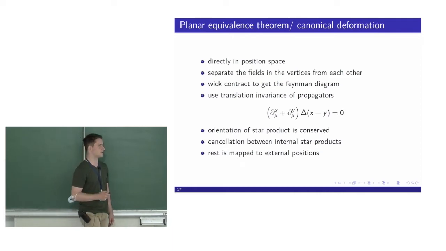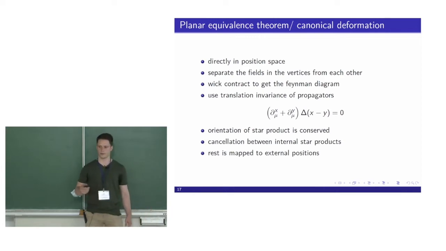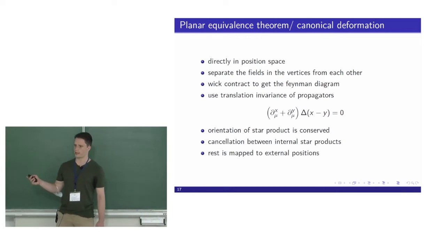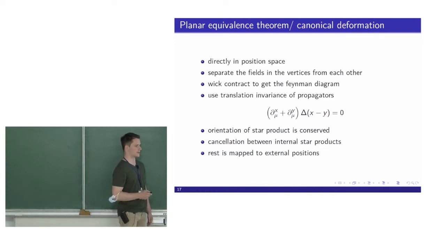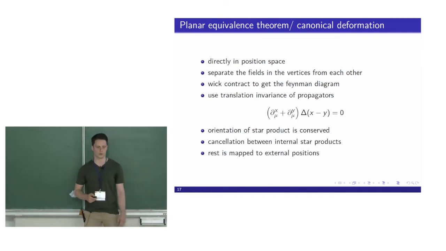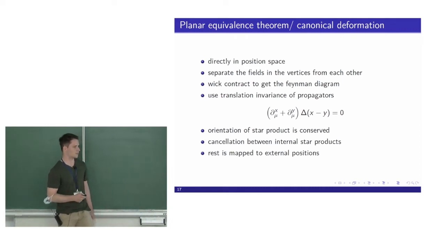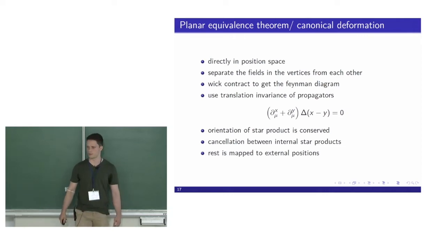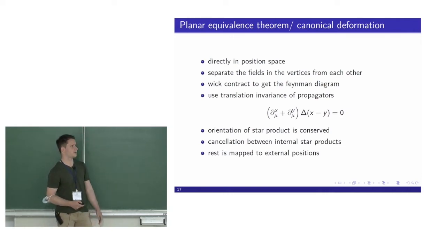Then we can use the translation invariance of the propagators to relate the twists from one end of the propagator to the other end. And these lead then to cancellations between all the internal star products. So we are again just left with star products that can be mapped to the external positions. So the proof goes through as well in position space for this canonical deformation.